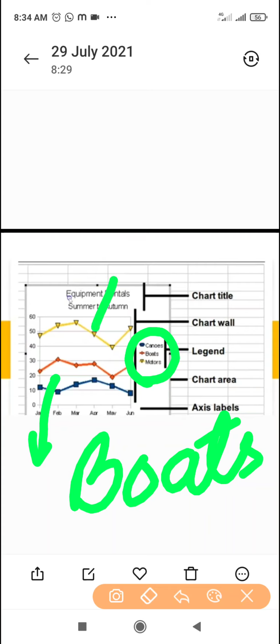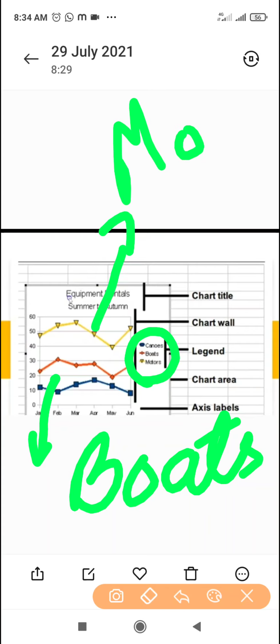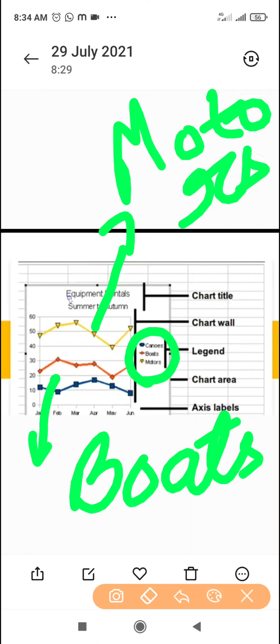The yellow color line tells you about the motors, and the blue color line tells you about the canoes. So the legend will tell you which line represents which thing. We can know it with the help of the legends only.